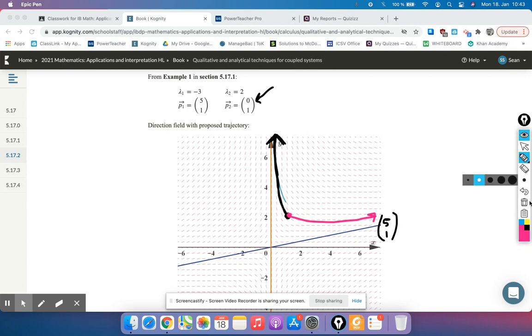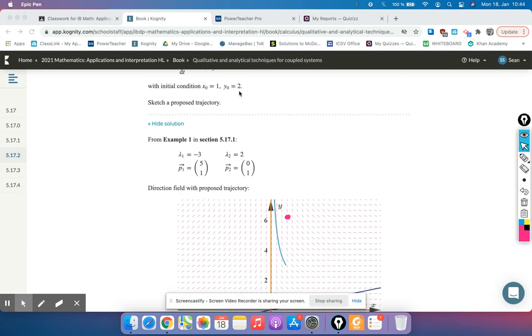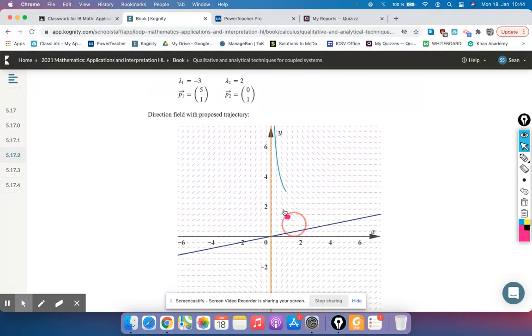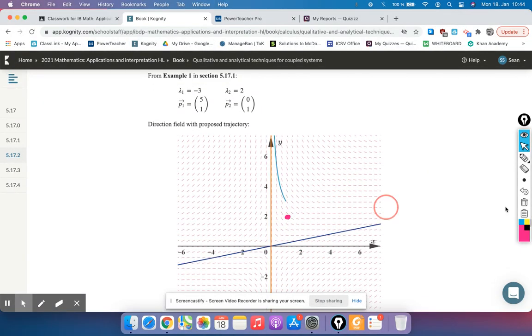So if you don't understand it, what I would suggest is start at the initial condition, the point you're given, 1, 2. Put a point there, and guess one way or the other. Follow the slope field and try to follow it one way or the other.